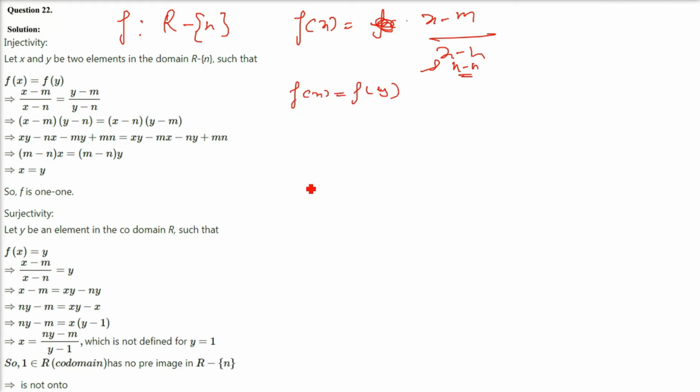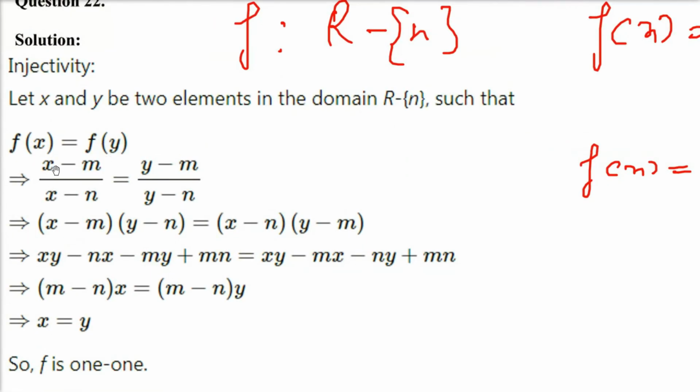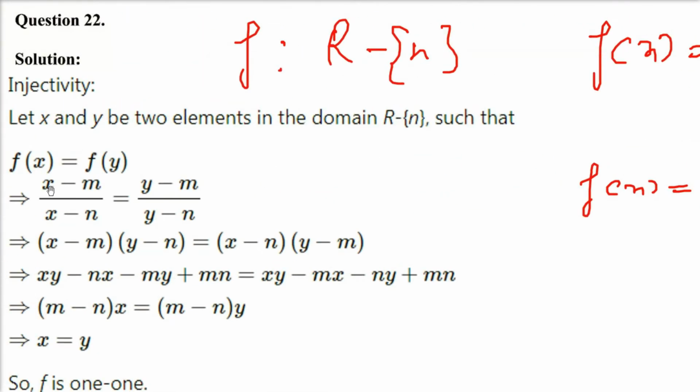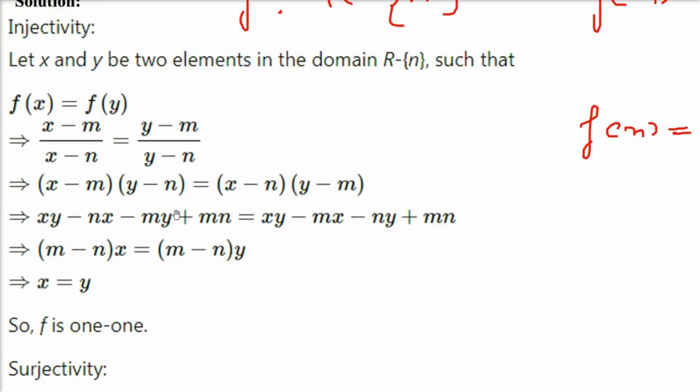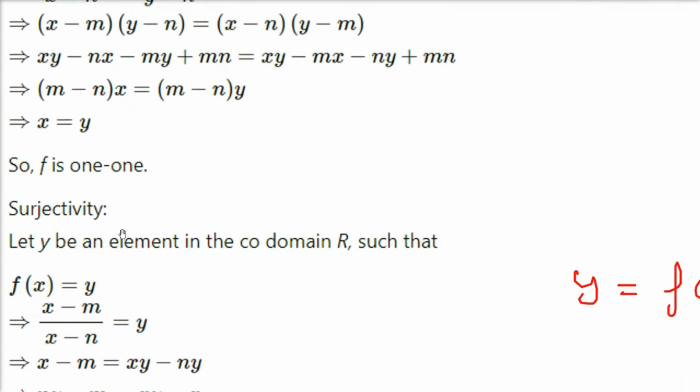I'm checking injectivity, and y equals f(x) for surjectivity. If f(x) equals f(y) and we are able to prove x equals y, this will be 1 to 1. Cross multiply, simplify. We have already done this. So let me tell you, it will be x equals y. It is 1 to 1.